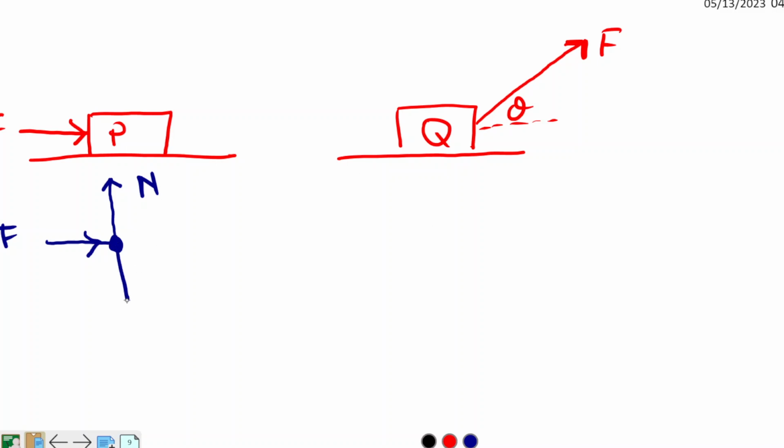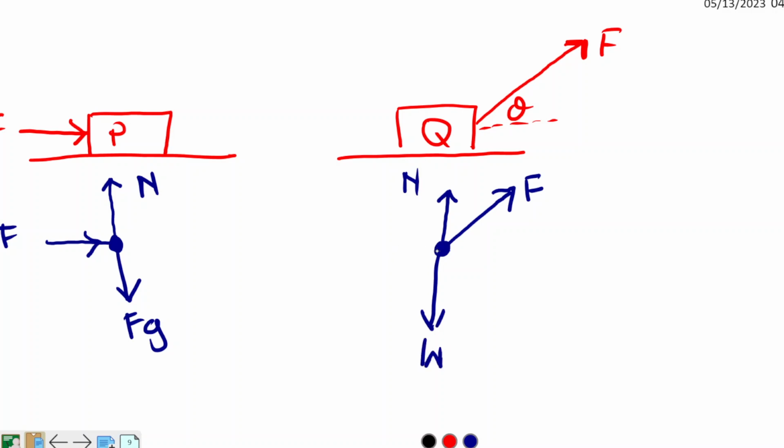Let's also do the weight. Now the free body diagram for this one: this is the force, which is diagonal, this is the normal force, and this is the weight. Let's also put the friction here.